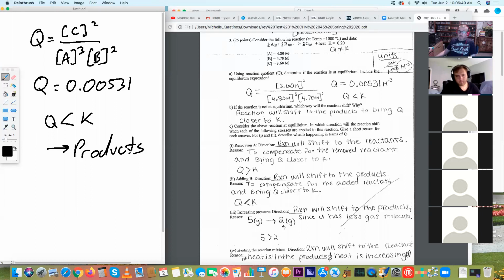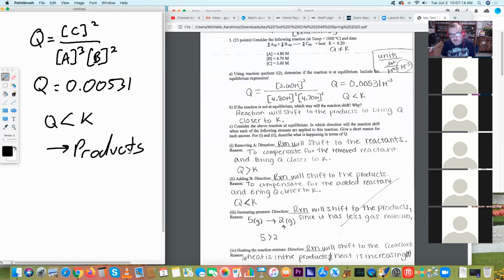So once we've placed this stress on the reaction, we have to determine which way the reaction is going to go in order to compensate for that stress. In other words, what's going to happen to the reaction to make it get back to K? Because we're clearly removing it from being at K, and now we have to get back there.